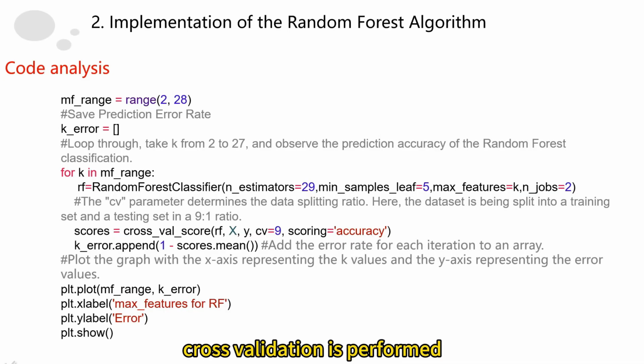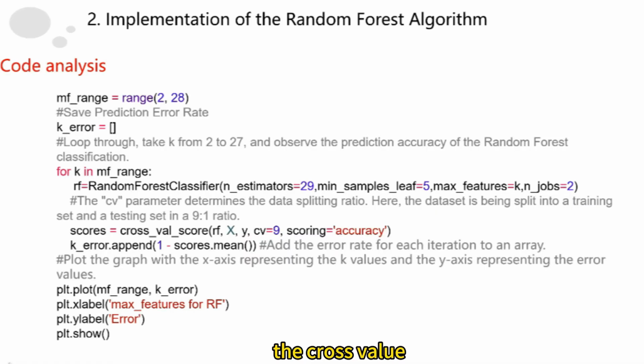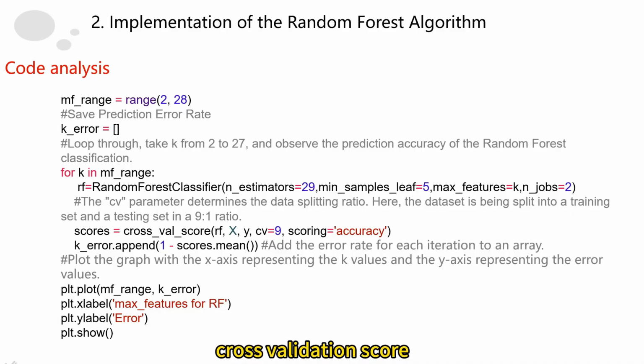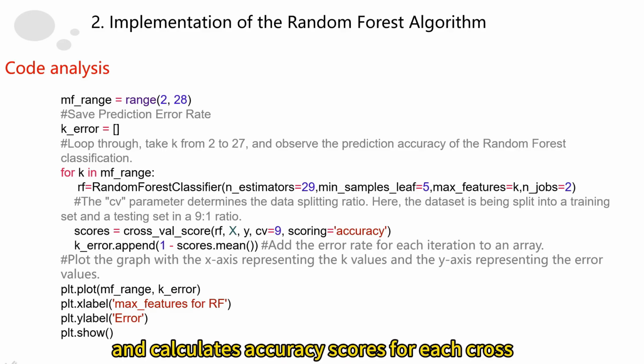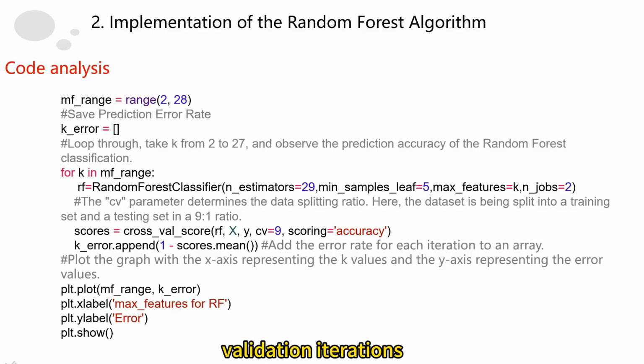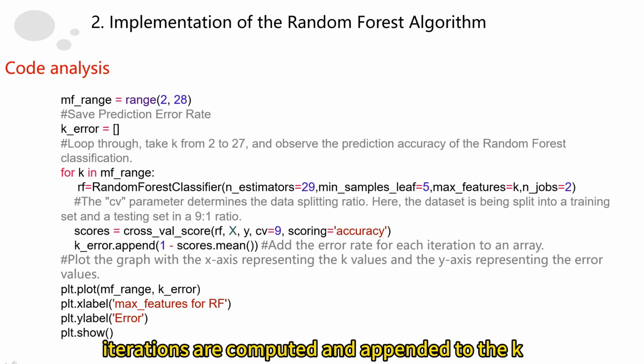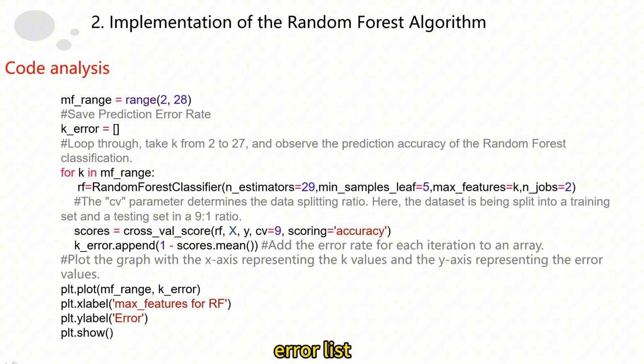Cross-validation is performed using cross_val_score, which divides the data into 9 folds and calculates accuracy scores for each cross-validation iteration. Error rates for each iteration are computed and appended to the k_errors list, and then we plot the graph.